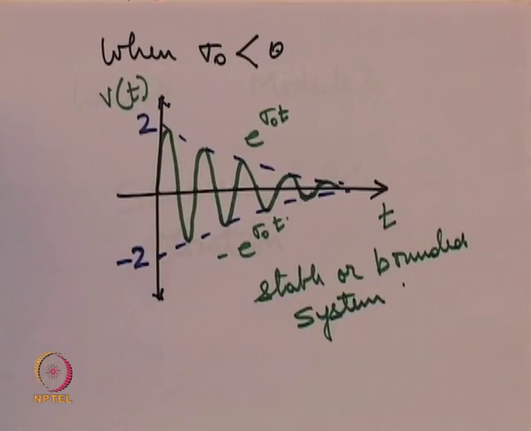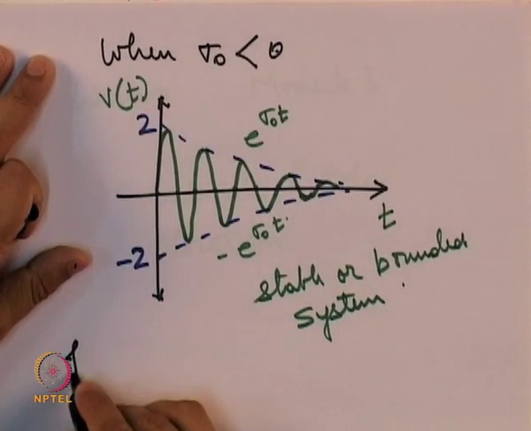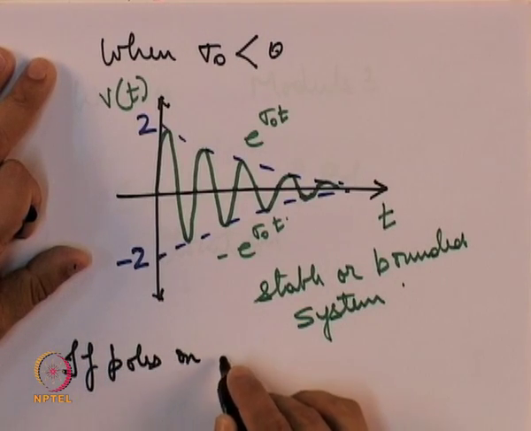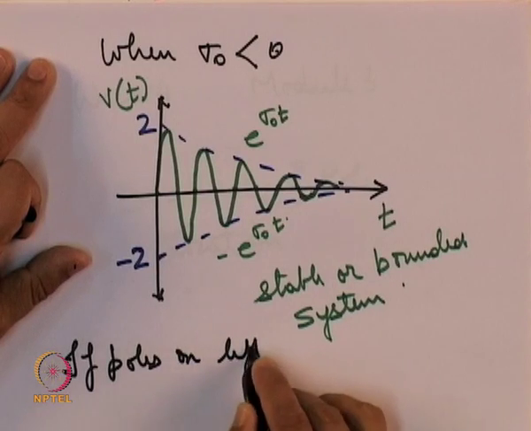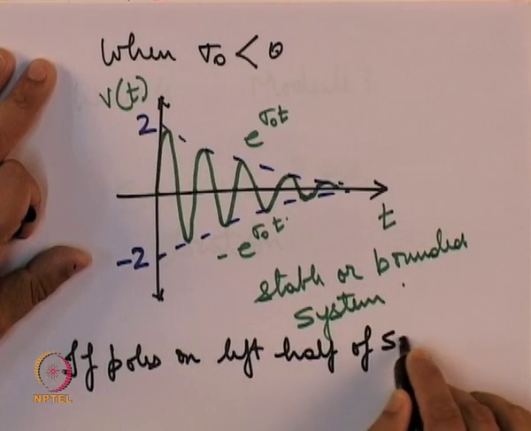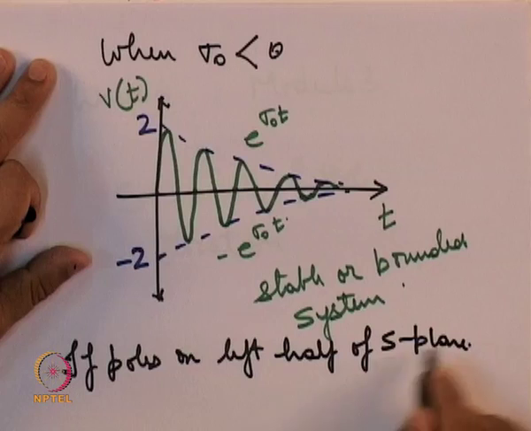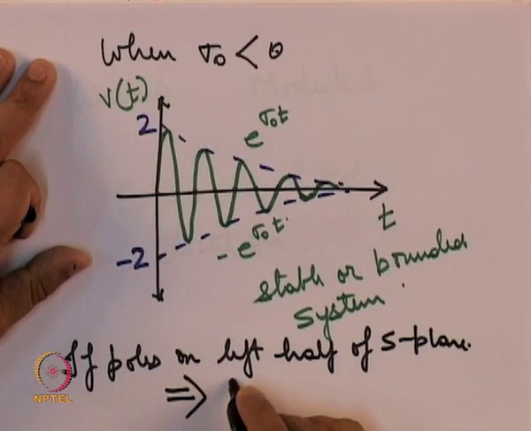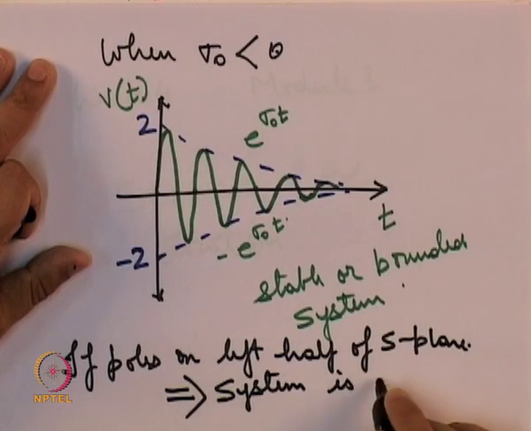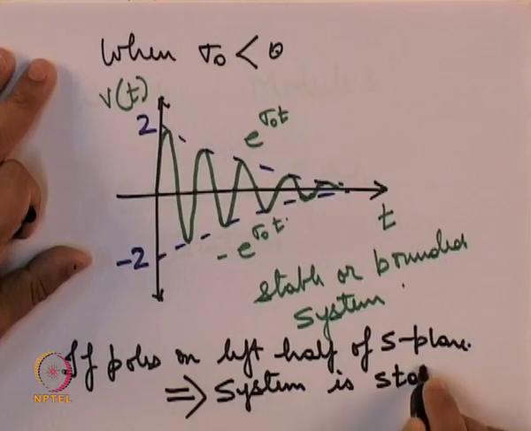system. So, what do we conclude from here then? That if poles on left half of S plane implies system is stable.